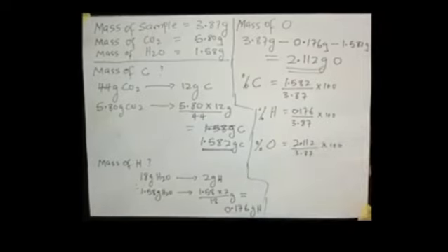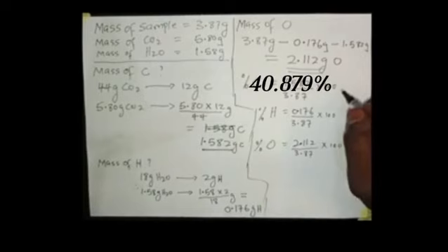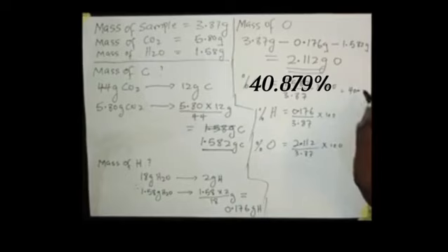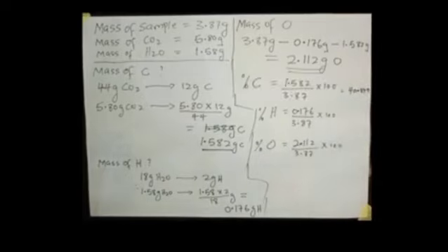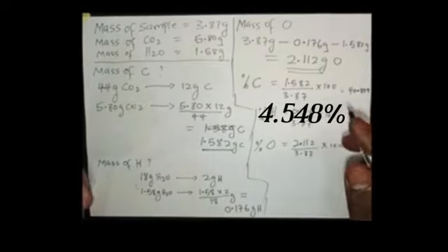So let's get the answers properly using the calculator. The first one gives me about 40.879%. The second one here gives me 4.548%.